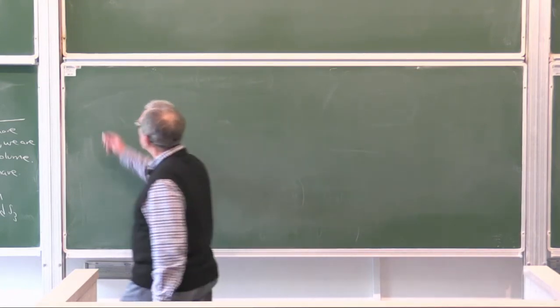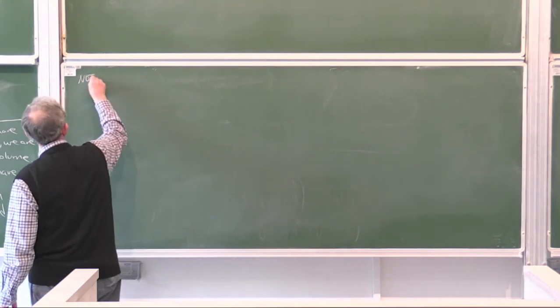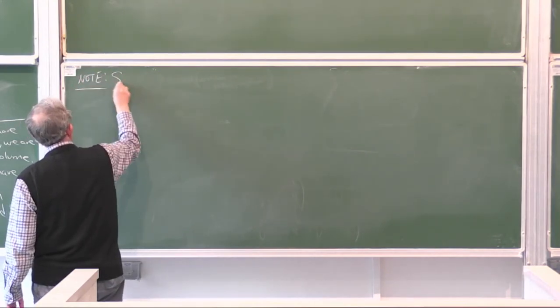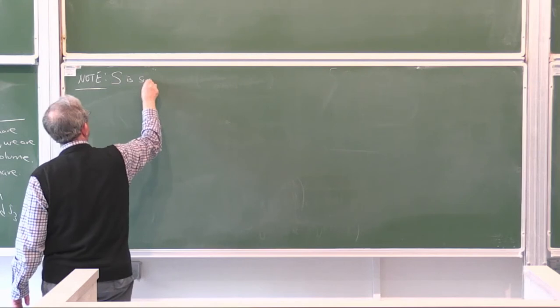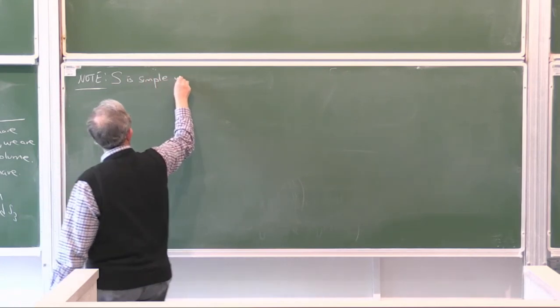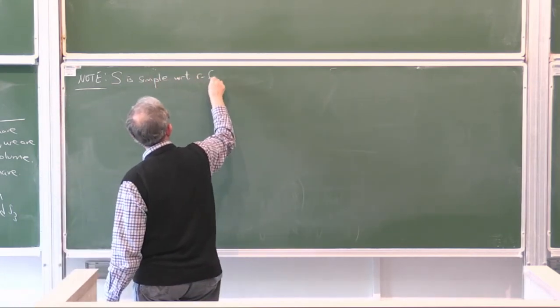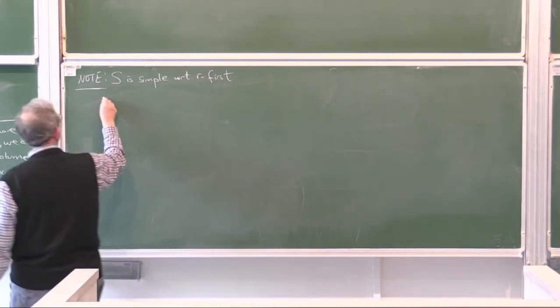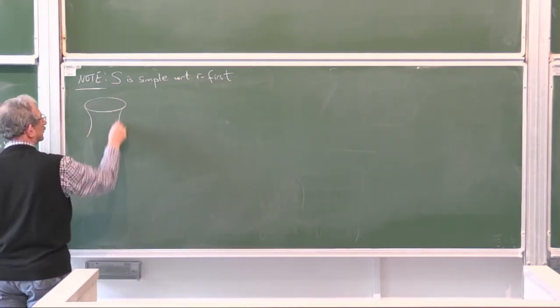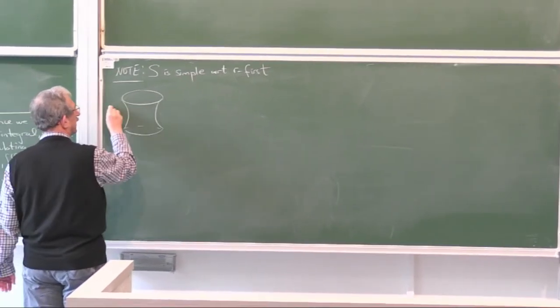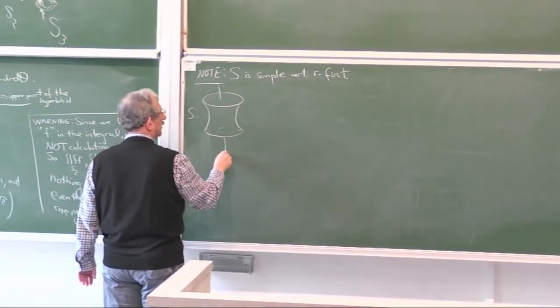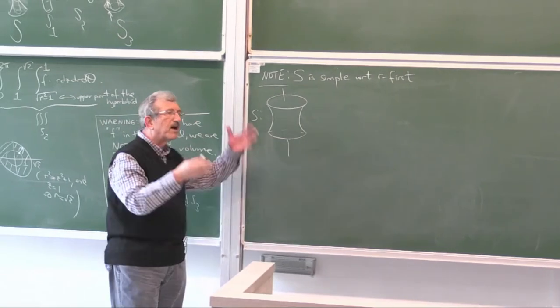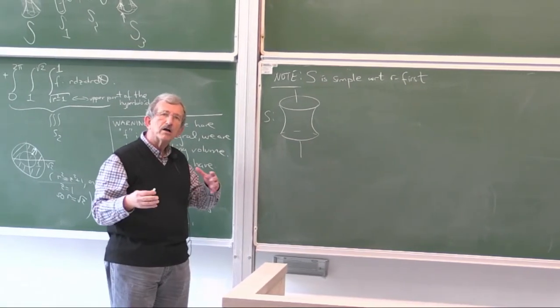Now, a note: S is simple with respect to R first. Why again? Because in this picture, as you can see, this is my S. What is the positive R direction? How does R increase?